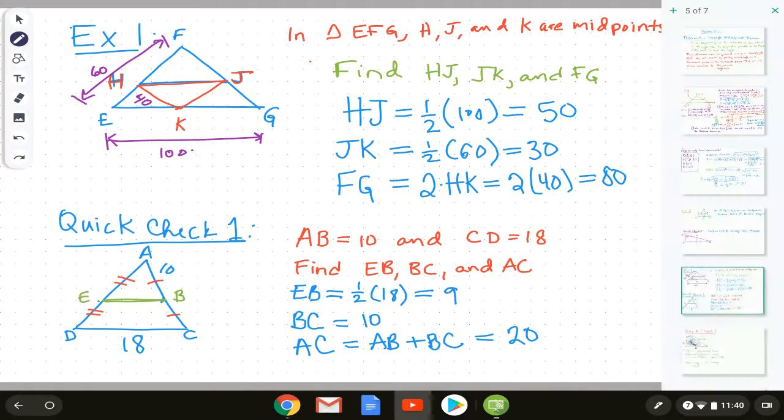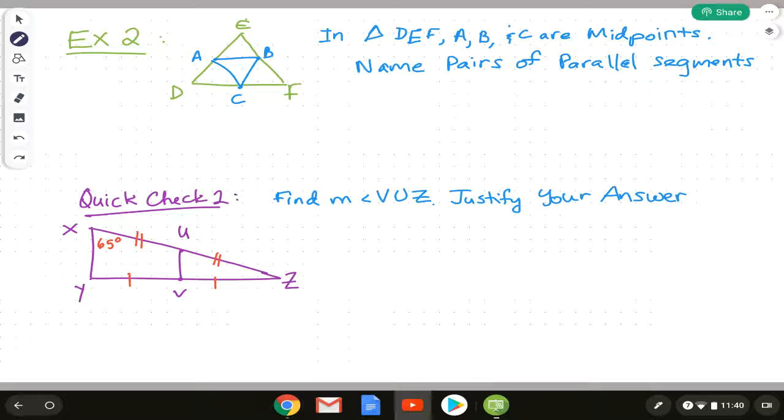Okay, let's look at example 2. All right, example 2, we've got a triangle drawn in green, DEF, and they're telling me that A, B, and C are midpoints, and they're asking me just to name the pairs of parallel segments.